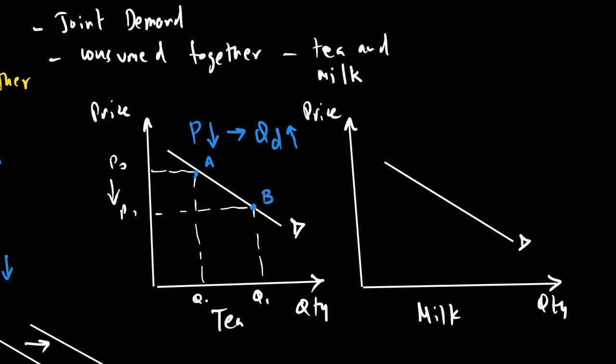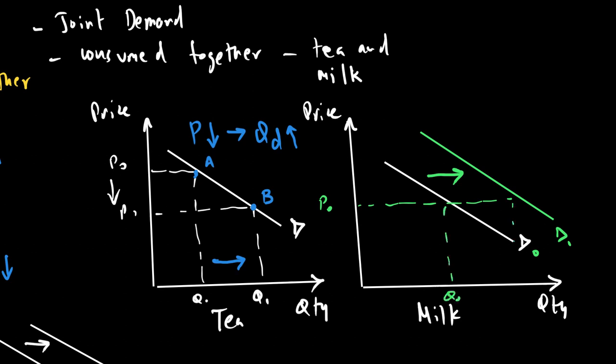On the other hand, because tea is becoming cheaper and a lot of people are now drinking tea, you will see the demand for milk go up. So the demand curve will shift to the right. So for each and every price, we can say that there is more milk to be consumed because now people are drinking more tea. So the demand for tea and demand for milk will go up.